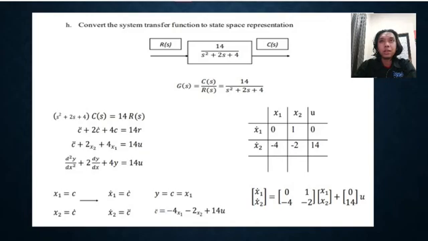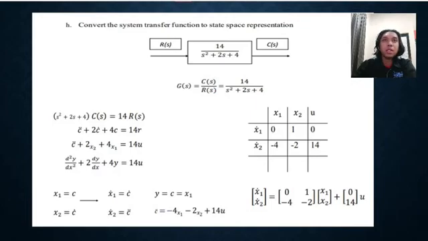Then we're going to put this transfer function into this equation, which is G(s) equals C(s) over R(s), where C(s) is the output and R(s) is the input, and it's equal to 14 over s squared plus 2s plus 4. From this equation, we cross multiply.